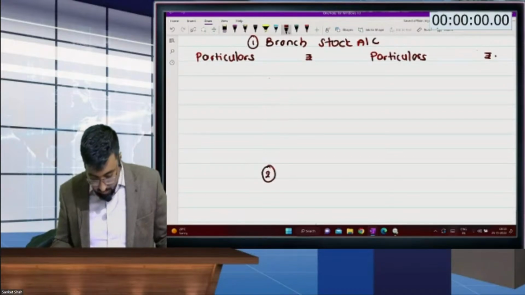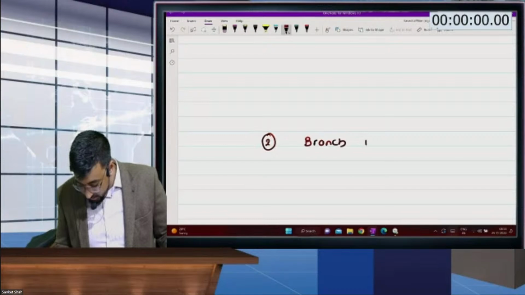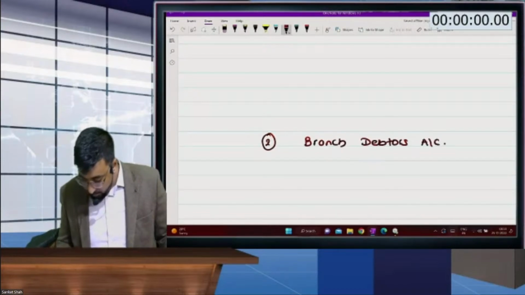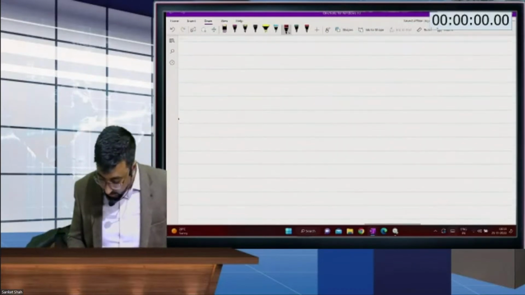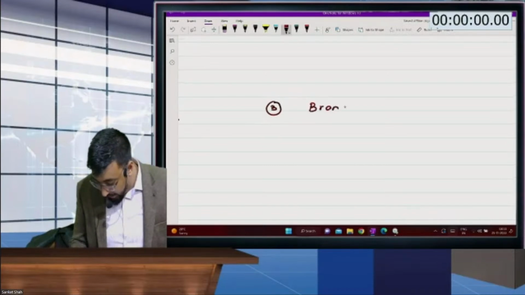Second account, branch debtors account. Third account beta, branch cash account.